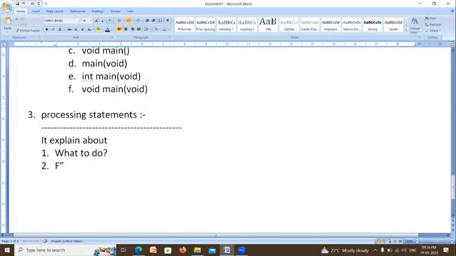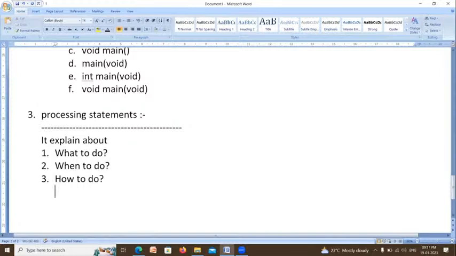Second one, when to do, when you have to do this task. Third one, how to do, how we need to solve this program. What we have to do, when we have to do, how we have to do. Processing statements explain about these 3.